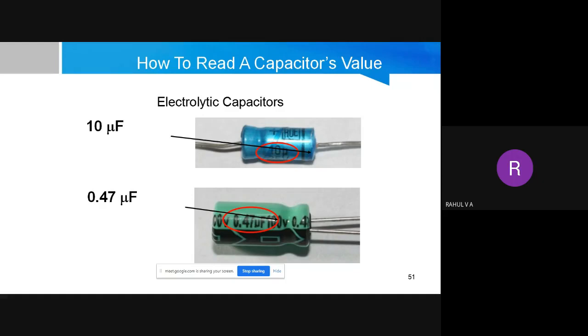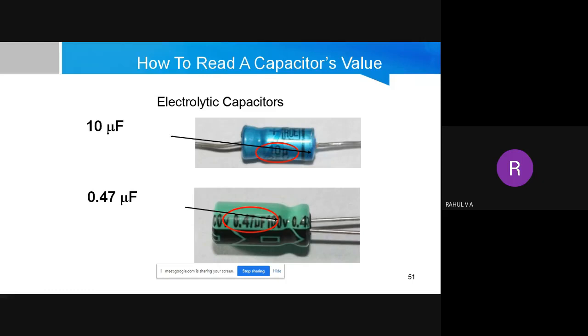In the case of capacitor, we have a similar case. There are capacitors where the value is directly printed, and also there are capacitors where some color codings are used. Also there are capacitors with numerical coding. We have to decode the numerical code to find the actual value of the capacitor.